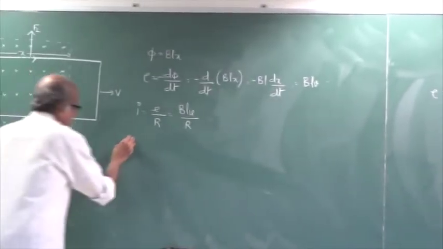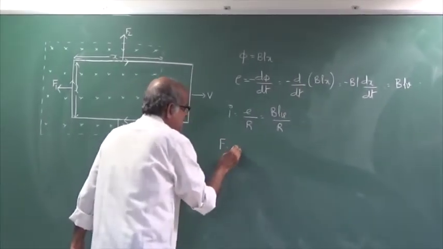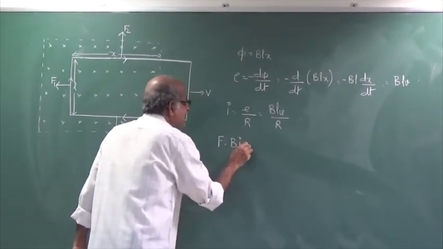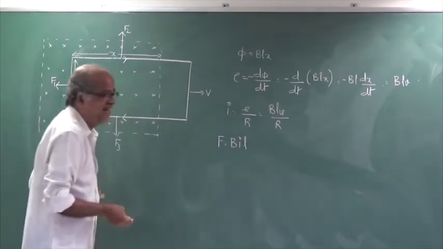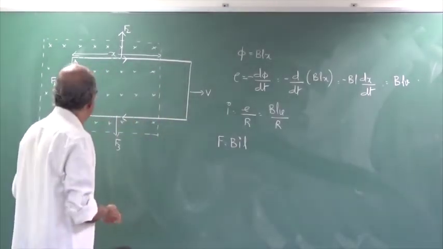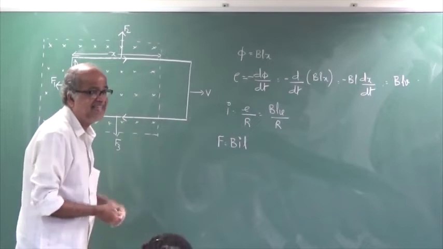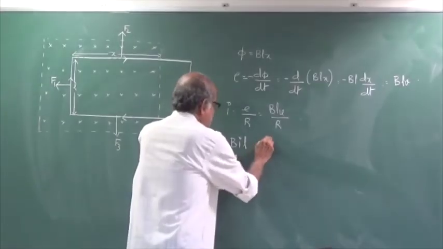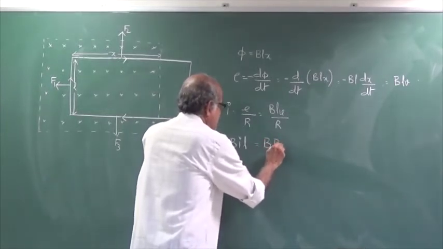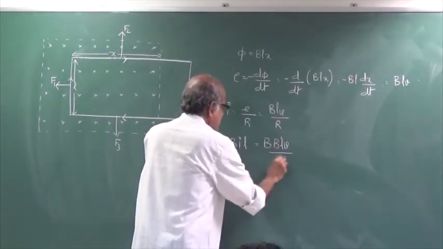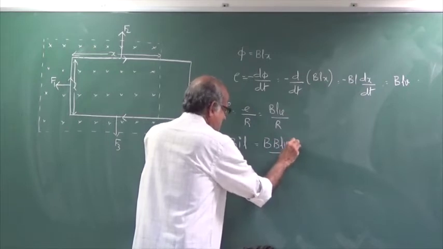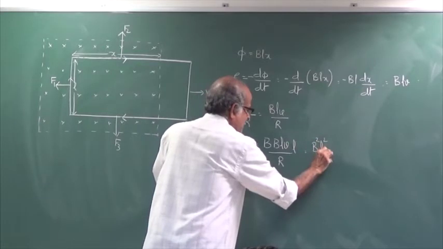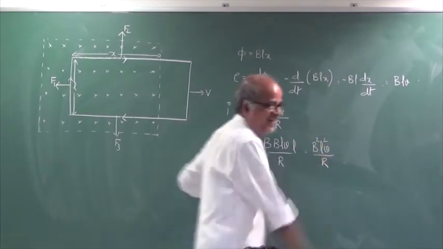What is the force on this? That force is the strength of the field into current into length into sine of the angle between L and B, which is 90, and sine 90 is 1. So this is B I L, where I is B L V by R, giving B squared L squared V by R. Will you agree?